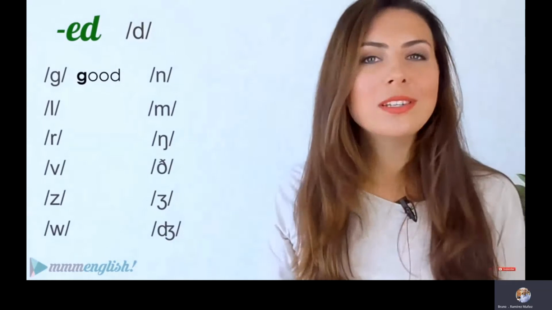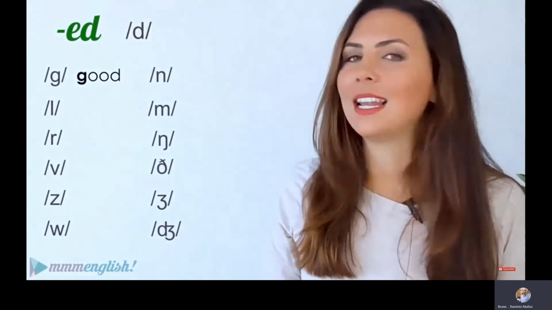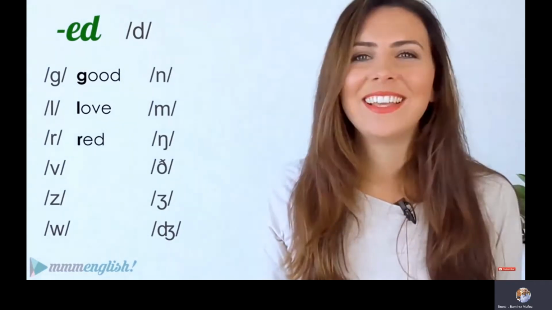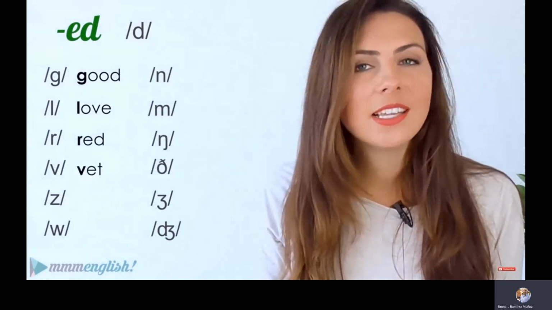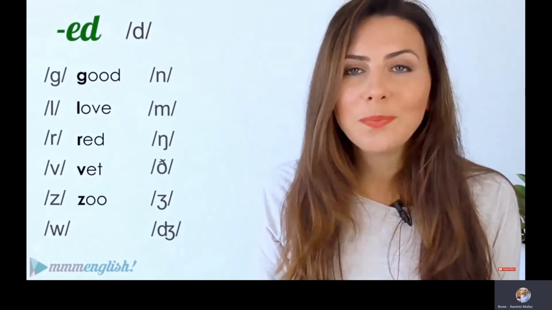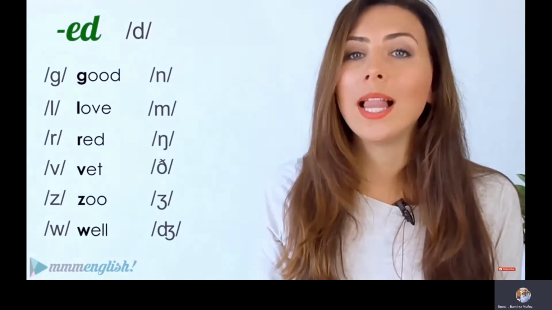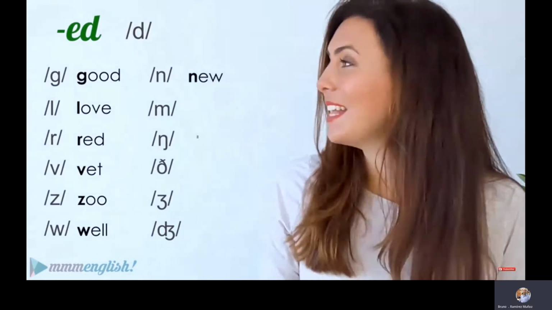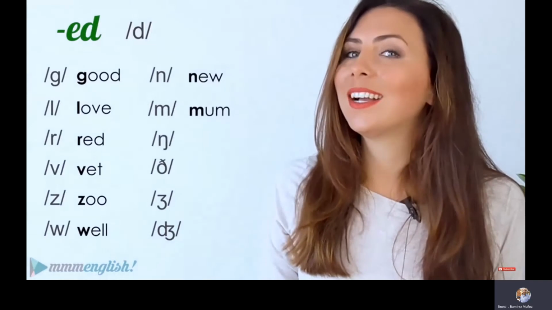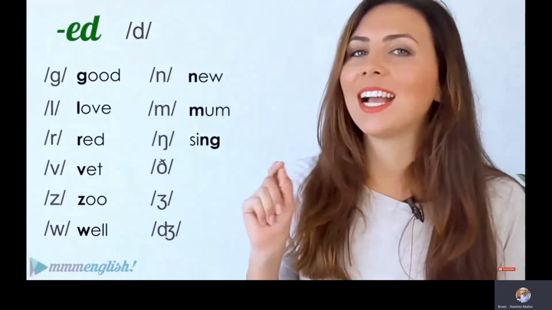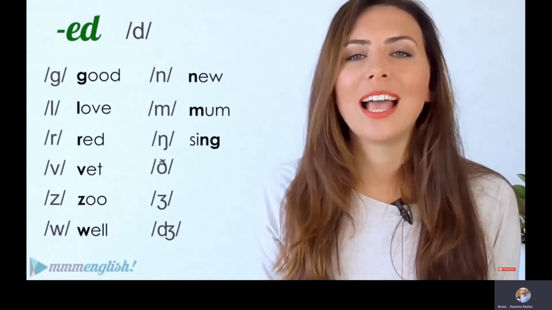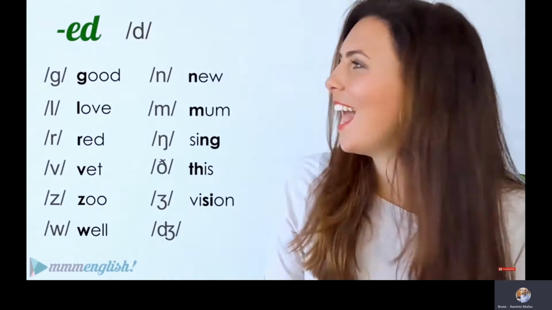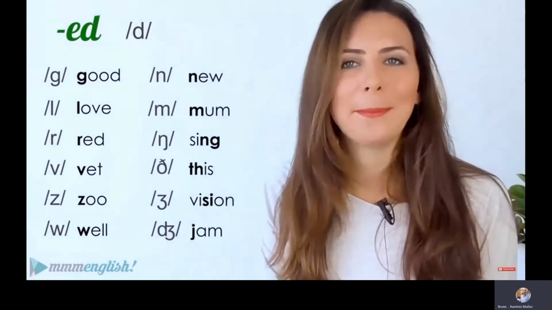G as in good, l as in love, r as in red, v as in vet, z as in zoo, w as in well, n as in new, m as in mum, ng as in sing, th at the end, v as in this, z as in vision, and j as in jam.